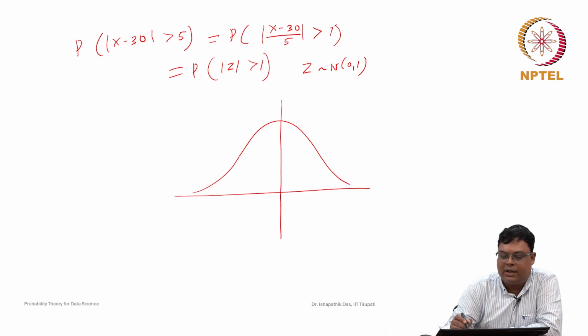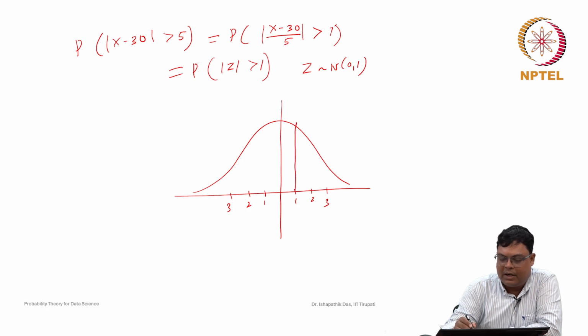Suppose this is 1, this is 2, this is 3. So, mod z greater than 1 means we are talking about the region greater than 1.